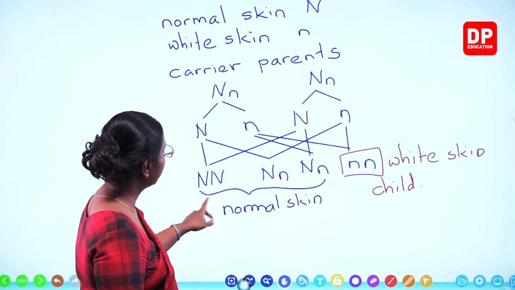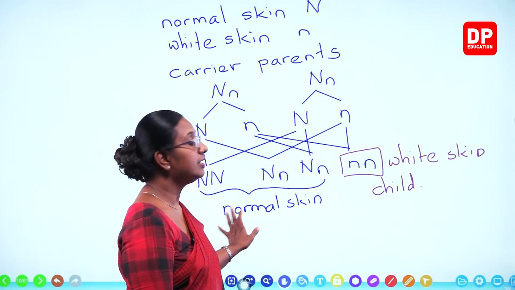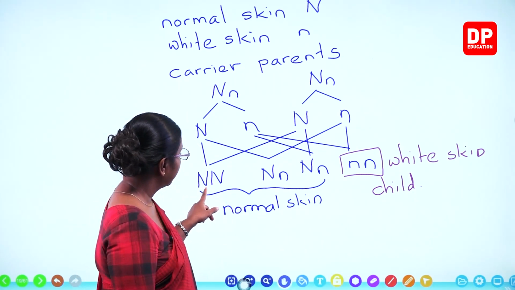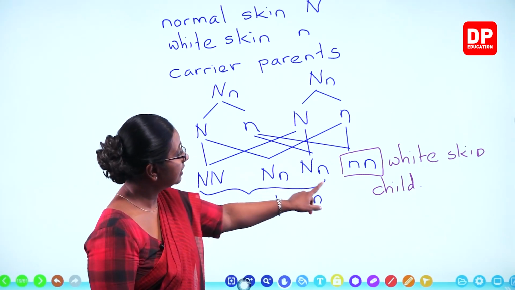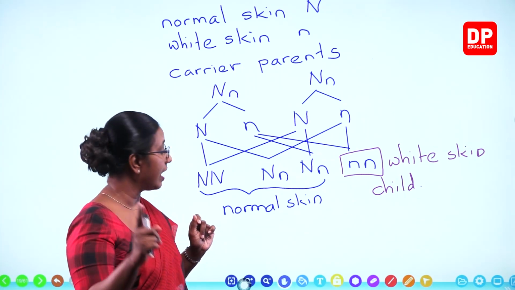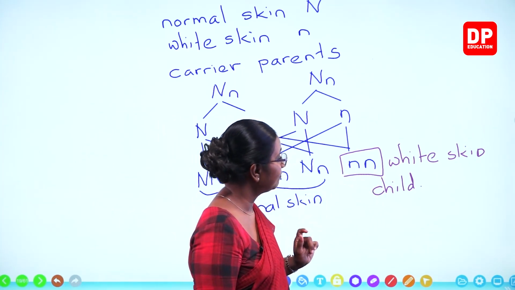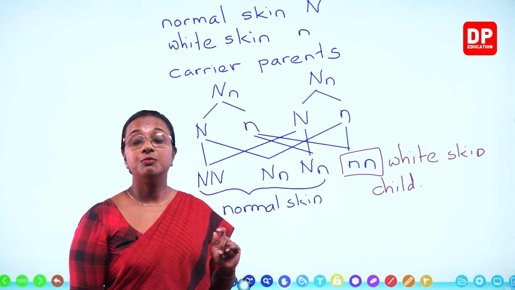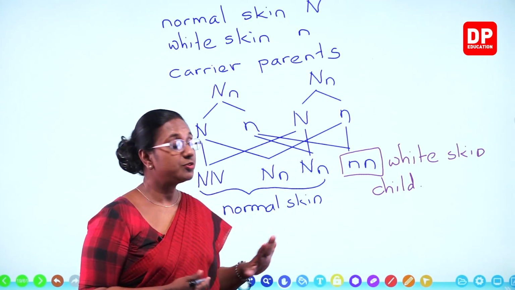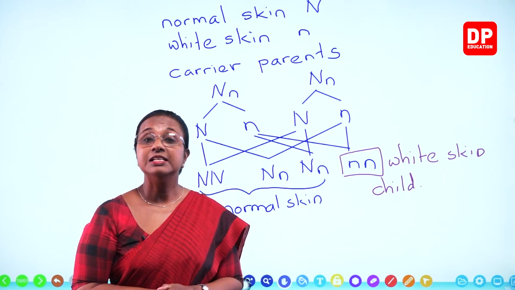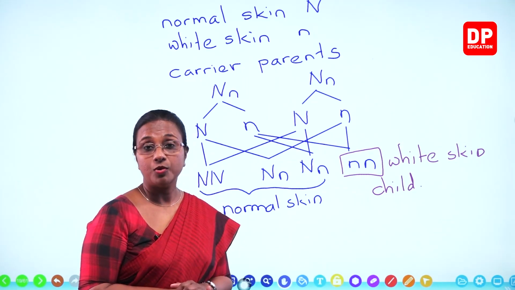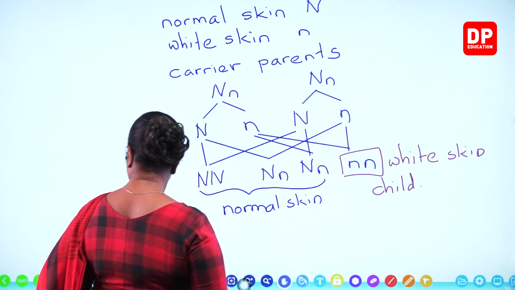And when they combine, you get this 3:1 phenotype ratio, the Mendel ratio. That is caused by the recessive character. Homozygous recessive condition is where the child gets the white skin. Is that clear to you students? So I'm sure you all have also written a similar answer to this question. With that, I will move on to the next question.